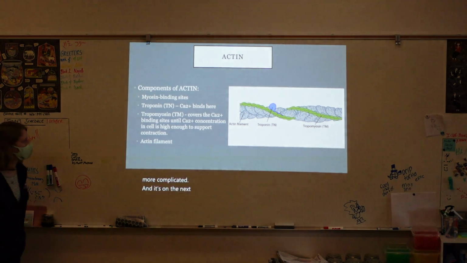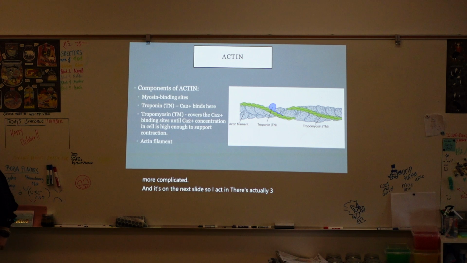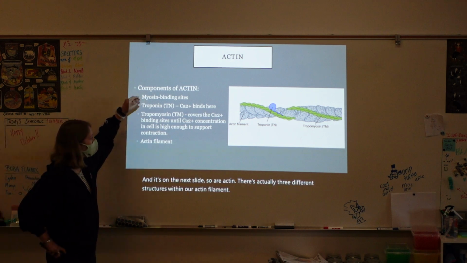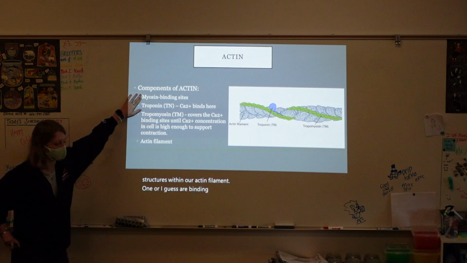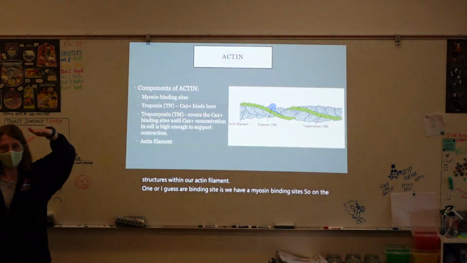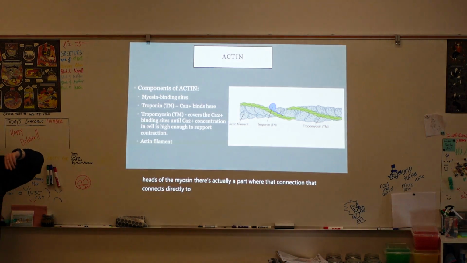So our actin, there's actually 3 different structures within our actin filament. We have a myosin binding site. On the head of the myosin, there's a part that connects directly to our actin.